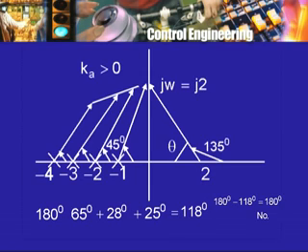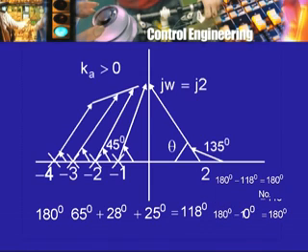The angle made here by 2 is 180 degrees, and the angles made by all the other things on the left hand side is 0 degrees, and therefore what is the conclusion? The conclusion is that sigma angle at zeros is 180 degrees minus sigma angle at the poles is 0 degrees, and therefore the difference is 180 degrees. So the point 0 or the origin is on the root locus.